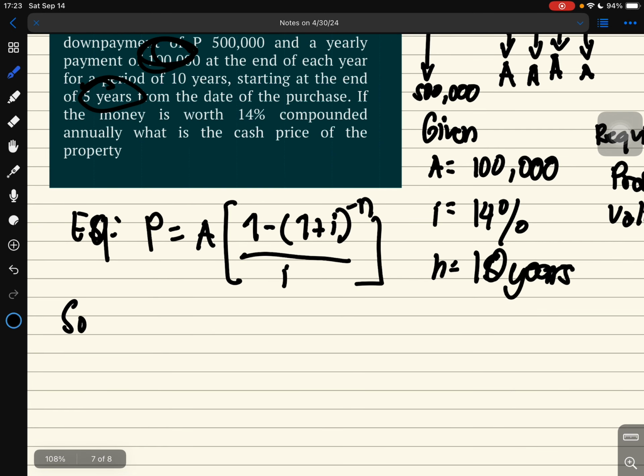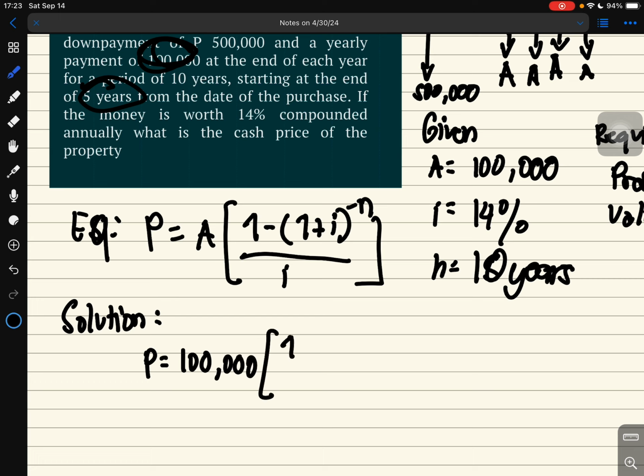Now, for our solution, present value is equal to 100,000 times 1 minus 1 plus 0.14 raised to negative 10 all over I, which is 0.14, diba?